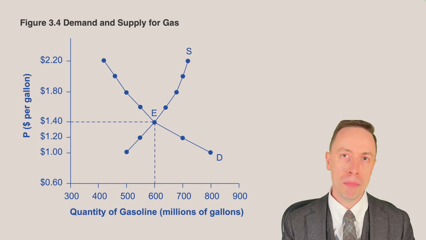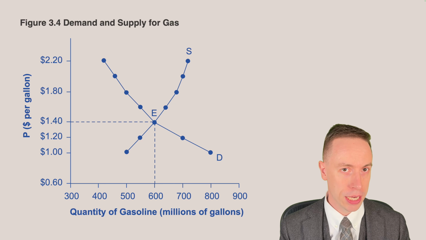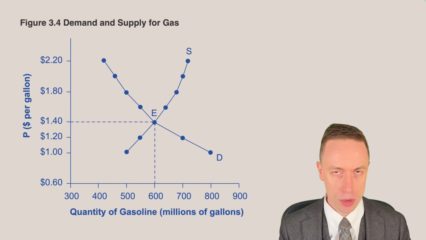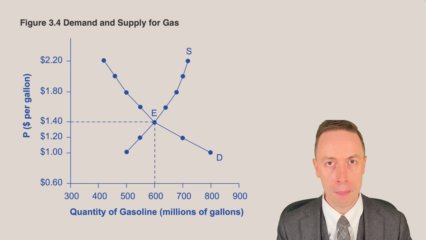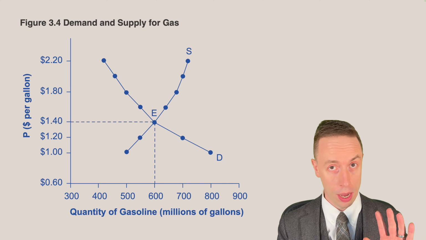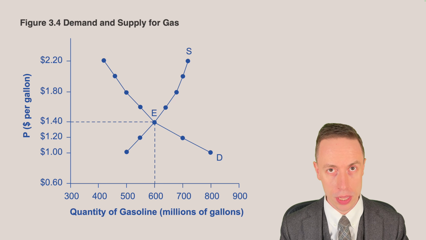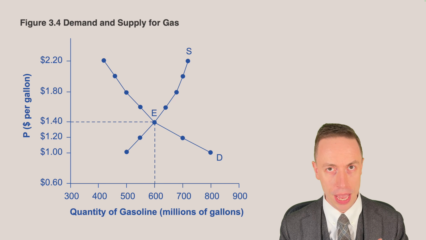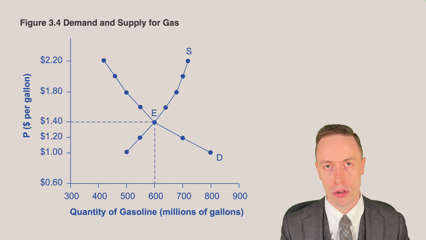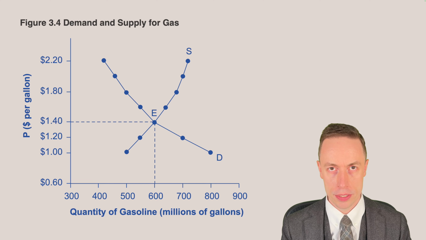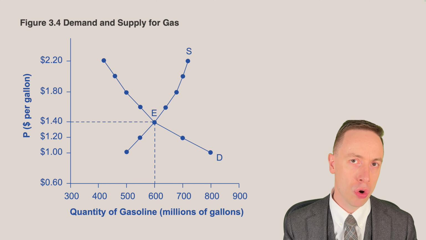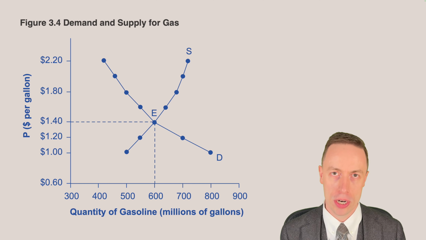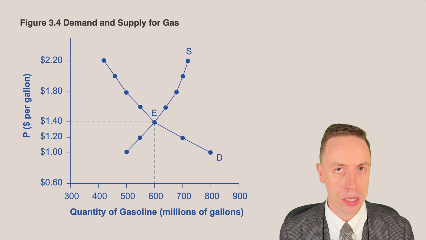Now, of course, you might already be thinking about situations in real life where shortages or surpluses do not seem to go away by themselves. We are absolutely going to talk about that down the line, but as you learn more about the model of demand and supply, when you see shortages or surpluses in real life, your mind will start going towards, so why isn't that market adjusting in the way it should?